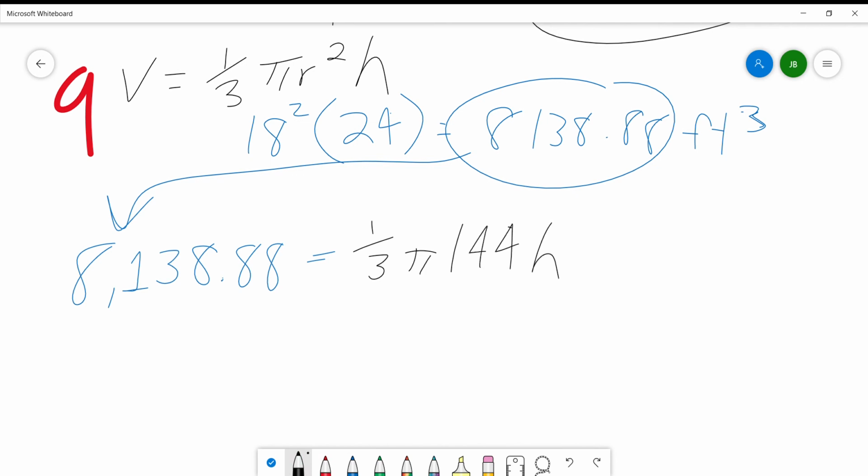We don't know what the height is. Algebra time, you guys. Multiply both sides by, let's just wrap this up into a nice neat package. 144 divided by 3 times 3.14 is 150.72.